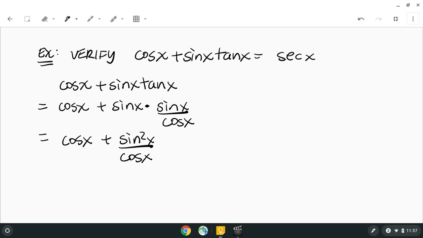One good rule here, when you have 2 terms and you have fractions like we do here, is to definitely go ahead and add your fractions, get your common denominator, and then see what you get. So this cosine x is like over 1. My LCD here is going to be cosine x.